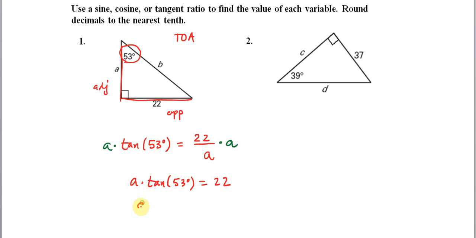Then divide both sides by the tangent of 53, so we get 22 divided by tangent of 53 degrees. We can type this into a calculator, and that gives me a long decimal, like 16.578 and so on. We're being asked to round to the nearest tenth, so we'll round that off to 16.6.